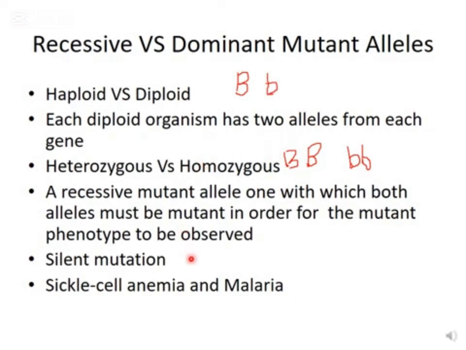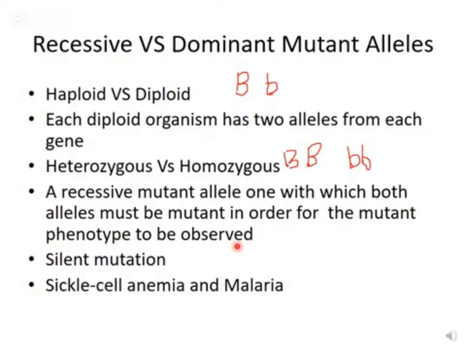A good example are silent mutations. A silent mutation is a mutation that does not show up phenotypically. So we can carry a certain mutation. For example, thalassemia is a very common mutation that is carried in the Mediterranean region, including Jordan.